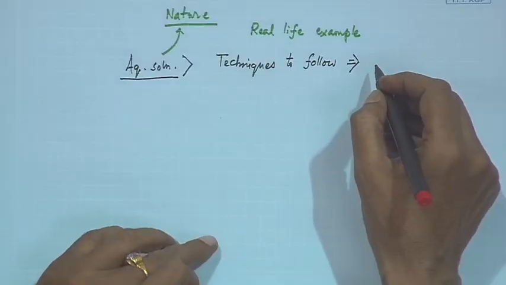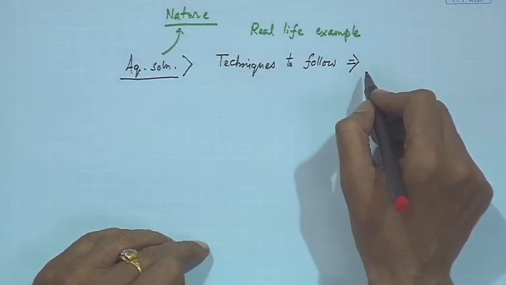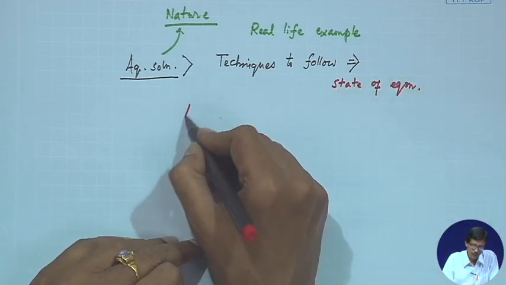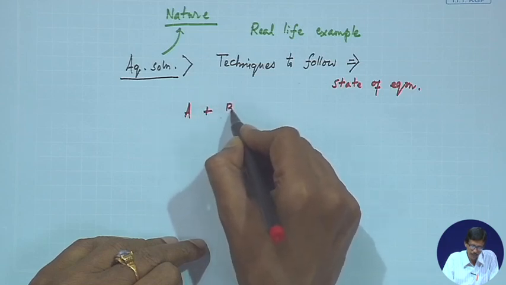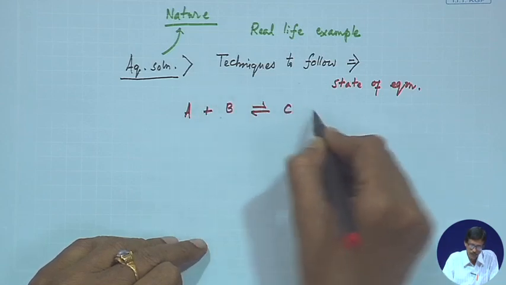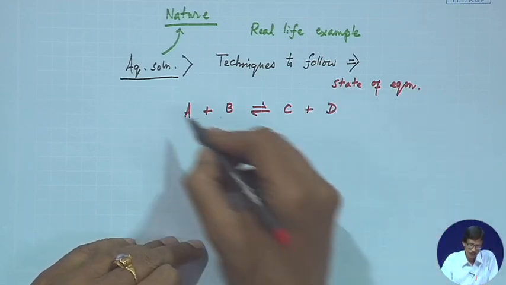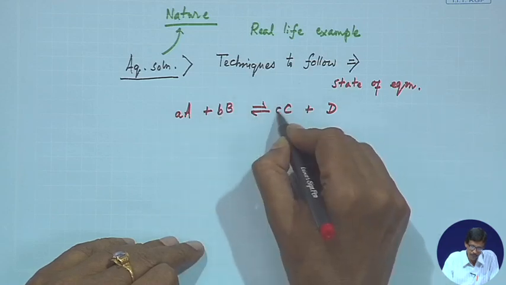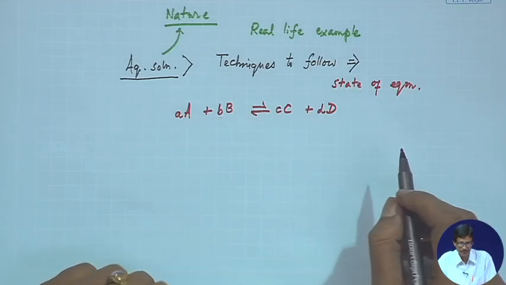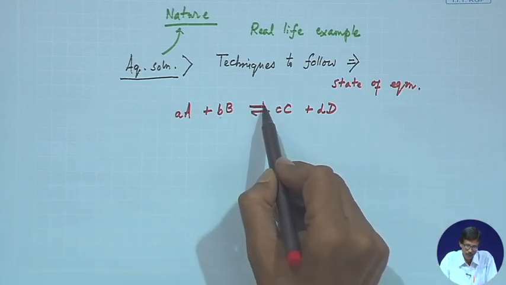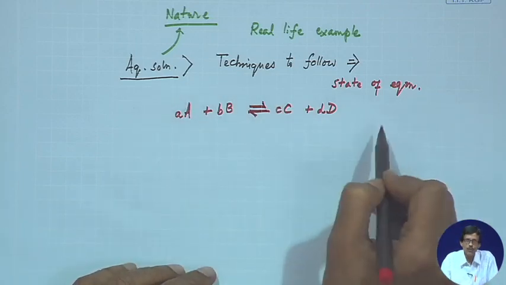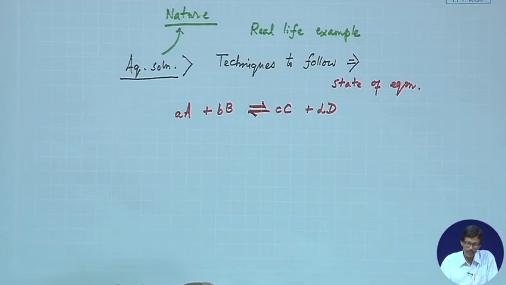These techniques will be utilized to follow the state of equilibrium, where we are talking about A plus B giving rise to C plus D. A moles of A and B moles of B react to give C moles of C and D moles of D, and this symbol tells us that the reaction goes up to some point, and then all 4 species are present together within the solution.